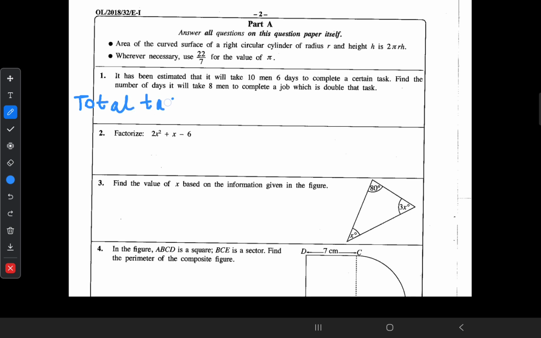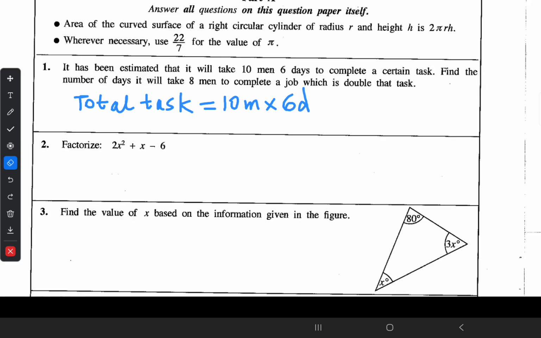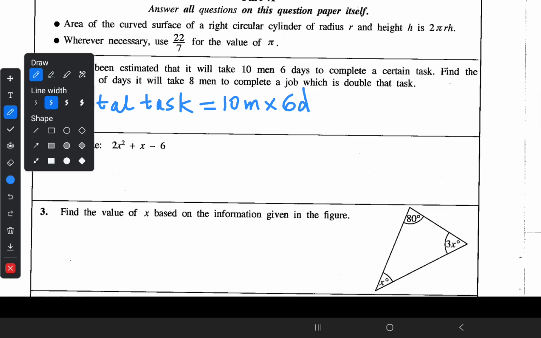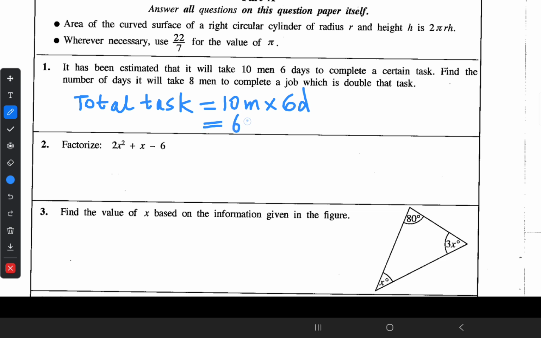What we need to do? You should multiply 10 men into 6 days. That will give you, sorry, not 120. It would be 60 man days.